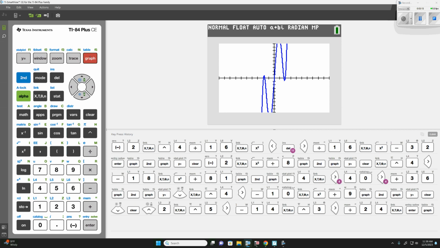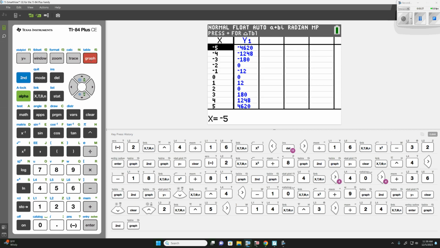Now we do see that it crosses the x-axis in 1, 2, 3, 4, 5 places. So that means we should have 5 solutions, because every time it crosses the x-axis, we do have a solution. And if it just touches the x-axis, we would have multiple. But 3 of the solutions that we can see here are -2, 0, and 2. Because again, when we're finding solutions, we're trying to find out what value of x will make the y value be 0.